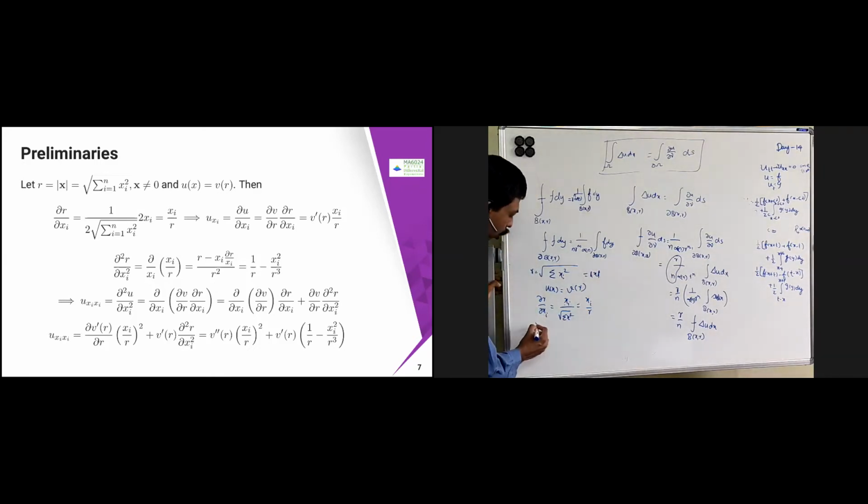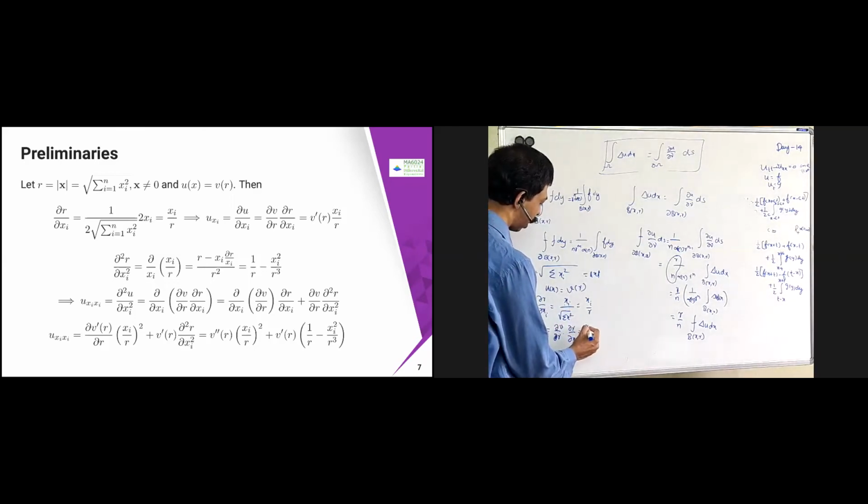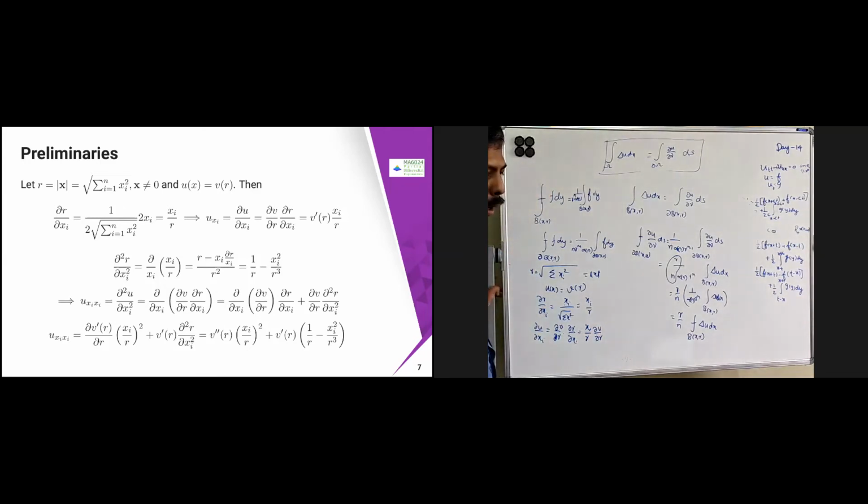Now what is dou u by dou xi? It is dou b by dou r into dou r by dou xi, because it is with respect to r. So I can write it as xi by r into dou b by dou r.